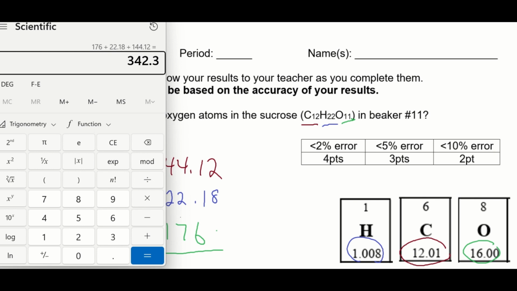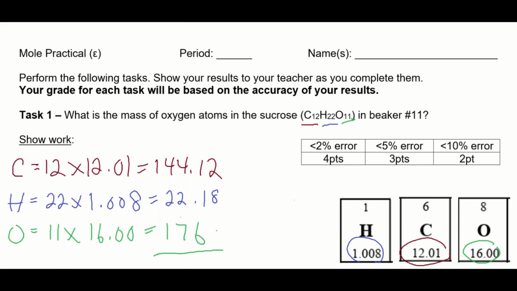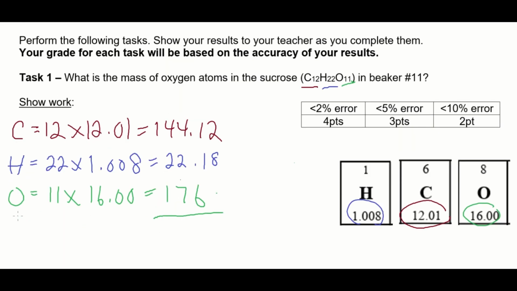And this is my molar mass for sucrose, or my molecular weight for sucrose, 342. I'm going to go to 1 decimal because I know there was precision there for sig figs for the oxygen.